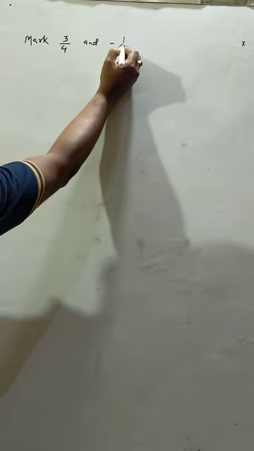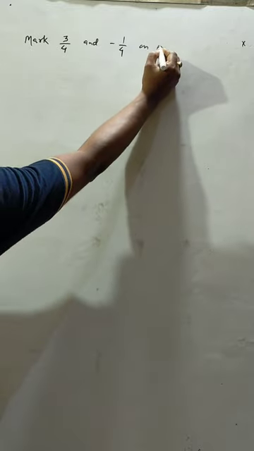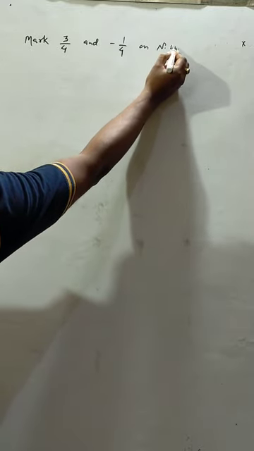The first question is 3/4 and -1/4. That means mark 3/4 and -1/4 on the number line.